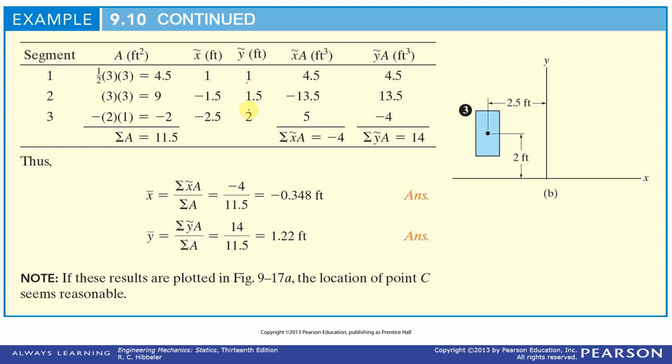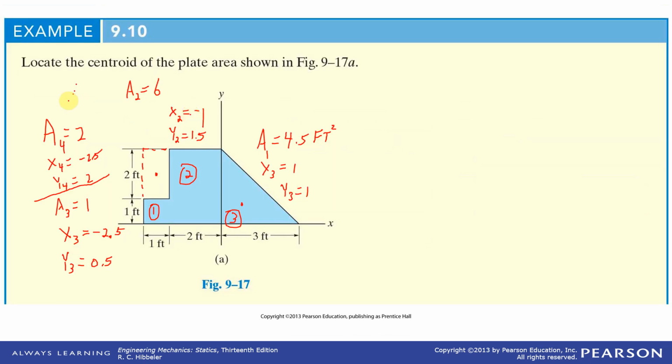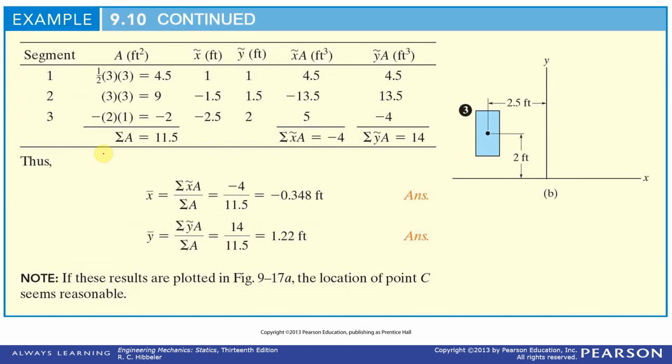Yeah, that's the triangle. 1, 1. Anyway, crunch the math. -2.5, 2. Is that what we came up with? -2.5 and 2. The 5 is kind of hard to read, but it is 2.5.